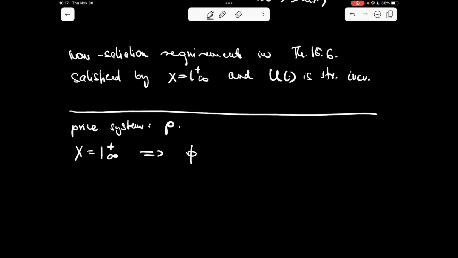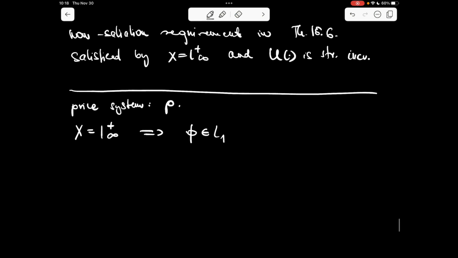So any linear functional that can be interpreted as a price system, so that has an inner product representation, must be in the dual space of L infinity. So it must be in L1 in order that we could interpret it as an inner product.